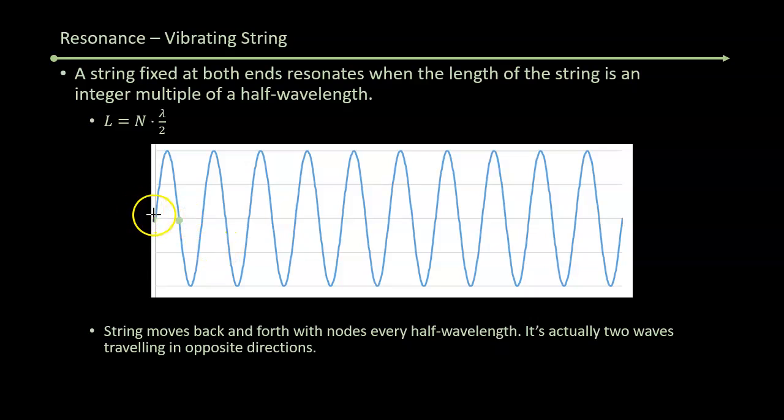You can make a string vibrate that way. And this is the fundamental, or the first harmonic of a vibrating string. The first overtone stretches it to there, second overtone, third overtone, etc. This keeps going in half wavelengths. Why? Because every half wavelength you have the opportunity for another node. And I'll show you where those nodes come from on the next slide.